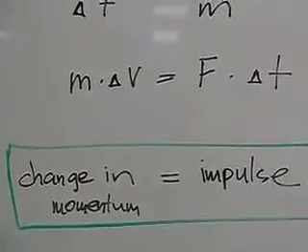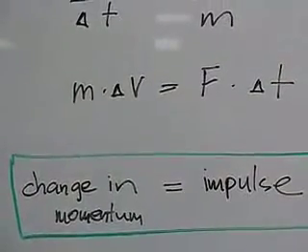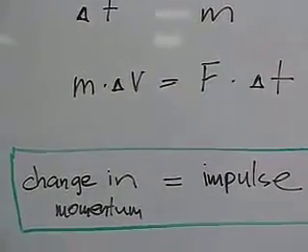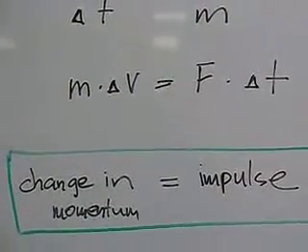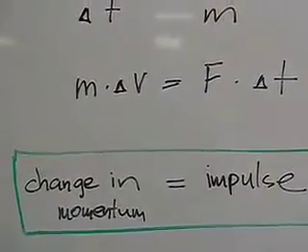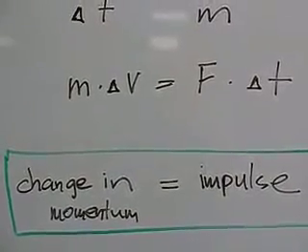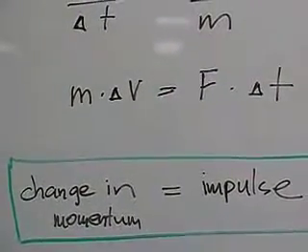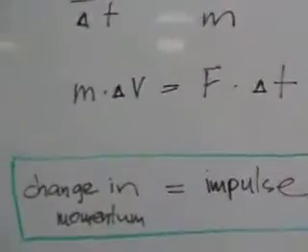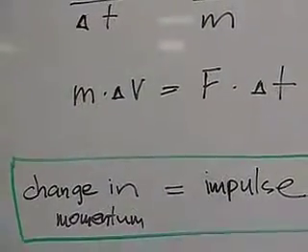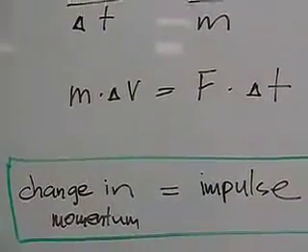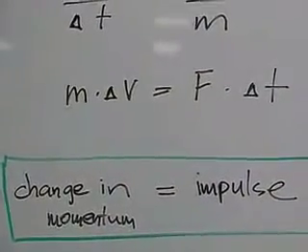And usually when a force is acting on an object, it changes the momentum in such a way that the mass of the object stays the same. Usually the momentum changes because of the change in speed, the change in velocity. You could have a change in momentum because of the changing mass, and in more complicated problems we would have to consider that.